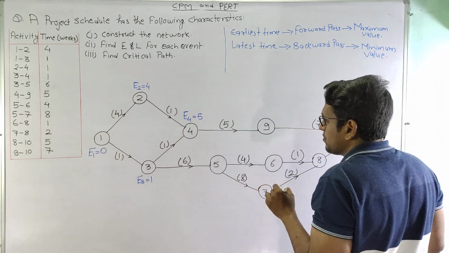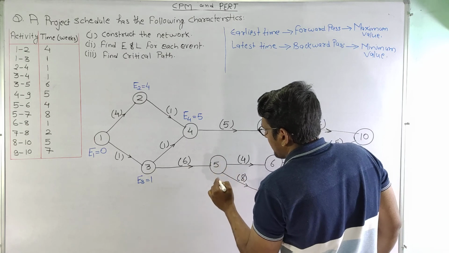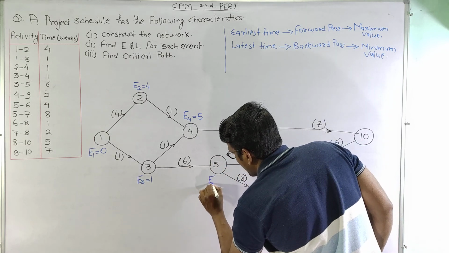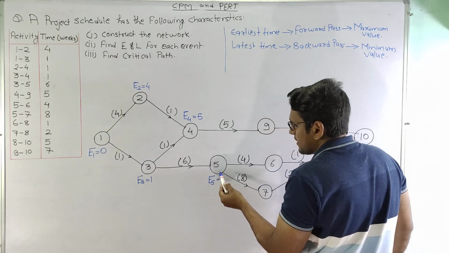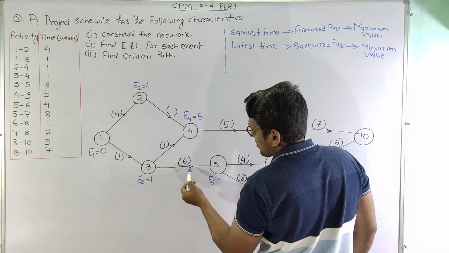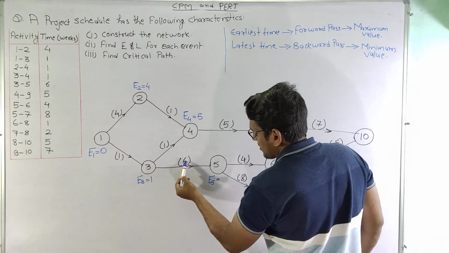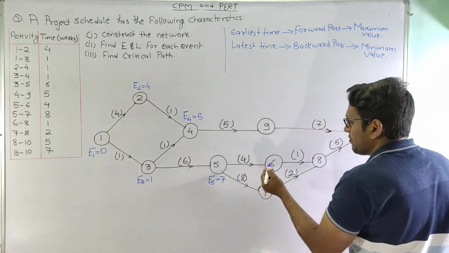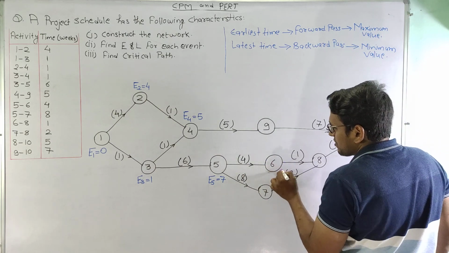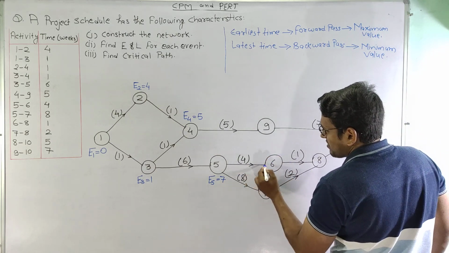Now moving on to node 5, E5, the earliest value at this node, is equal to, as we can see only a single arrow is coming, so this is 1 plus 6 is equal to 7.